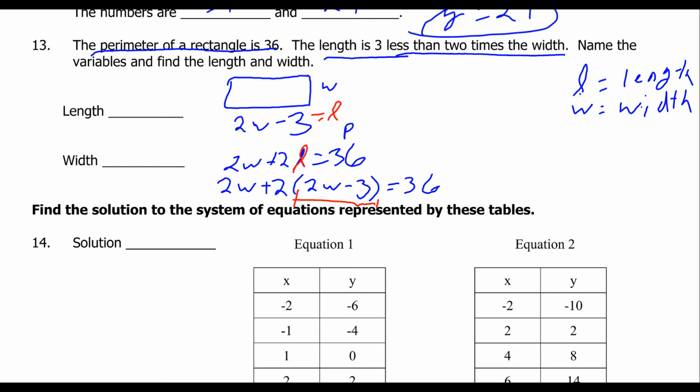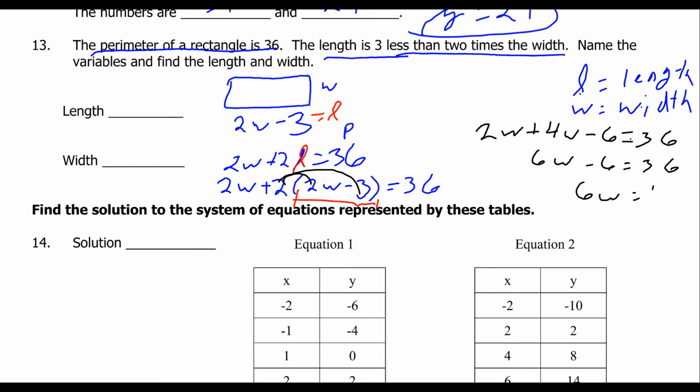So, let's go ahead and do some distribution here. I'm going to take this 2 and distribute it. So that's going to give me 2W plus 4W minus 6 equals 36. So that's going to give us 6W minus 6 equals 36. We add 6 to both sides, and that's 6W equals 42. Divide each side by 6.